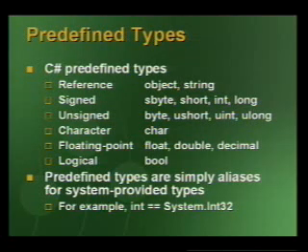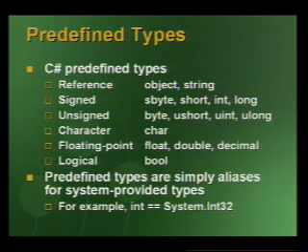All characters are Unicode, so they're 16 bits. In the floating point category, we have the two IEEE types, float and double. And then the decimal type I talked about earlier, which is a 128-bit thing. It's a scaled integer with 28 significant digits. And then finally, the logical type bool.